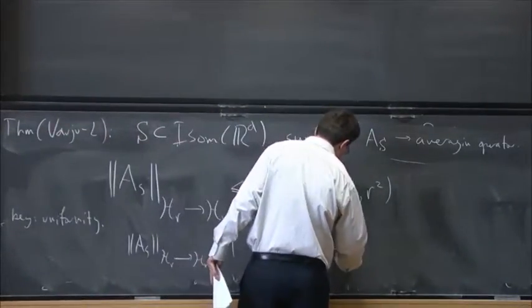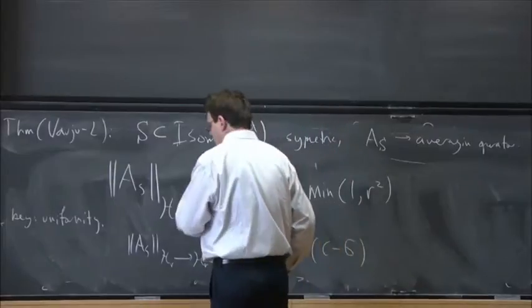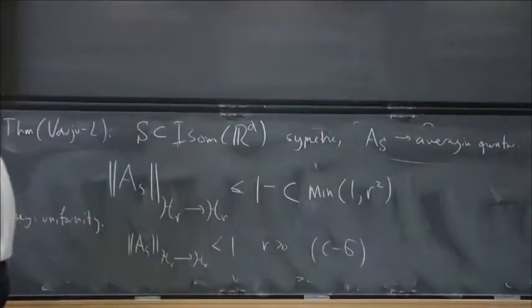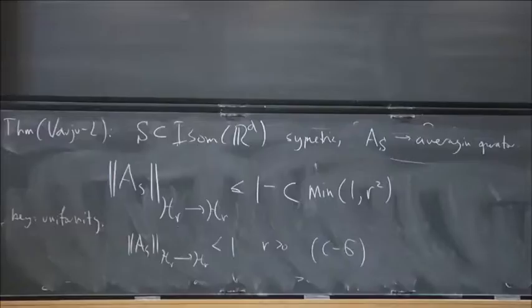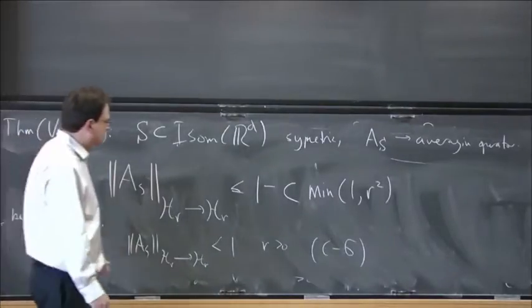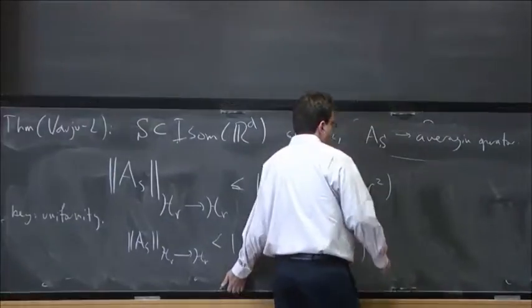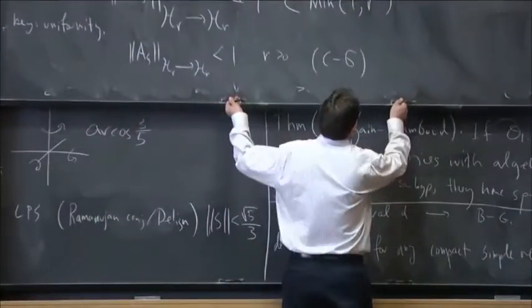This is Conze-Guivarc'h. So the key is uniformity, and in any case, uniformity is the only thing that is new here, because the fact that the spectral radius is less than 1 was proved by Conze and Guivarc'h.